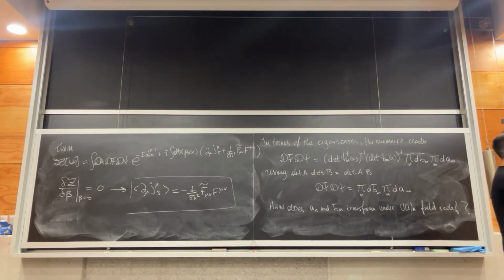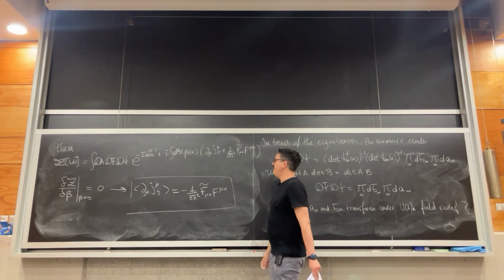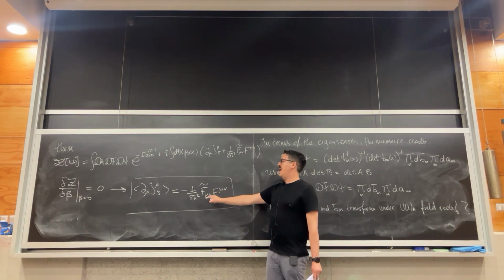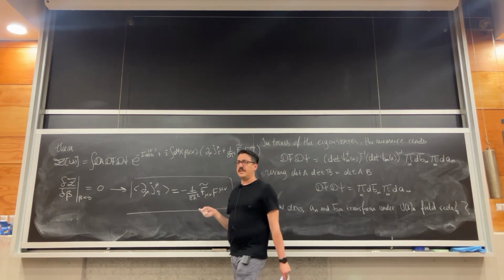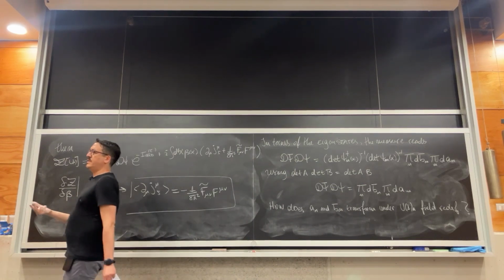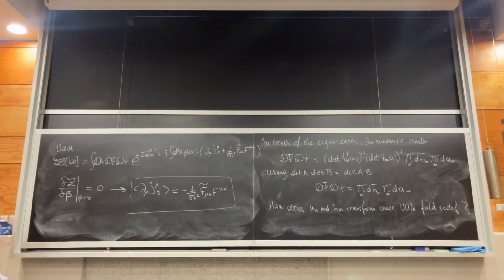Fujikawa actually did this in Yang-Mills theory. People have done this in the case of gravity theories as well. And the result is that you will get the sum of all the Pontryagin densities if you extend this covariant derivative under the U1 gauge transformations to other gauge groups.